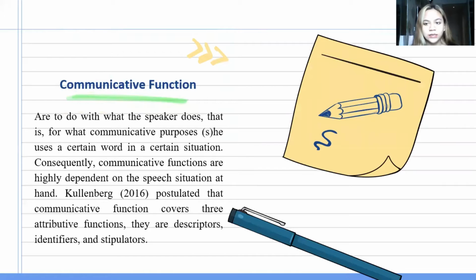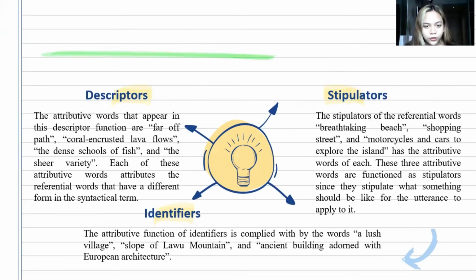The second is the communicative function, which has to do with what the speaker does, that is, for what communicative purposes a speaker uses a certain word in a certain situation. Consequently, communicative functions are highly dependent on the speech situation at hand. The attributive words that appear in the descriptive function are far off path, curled intrusted lava flows, the dense cool of fish, and the sheer variety.